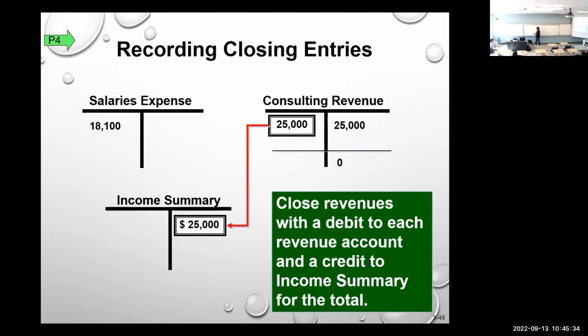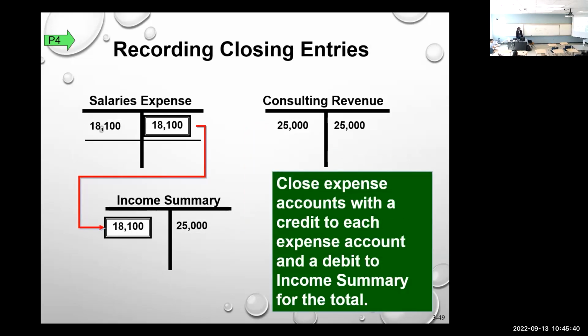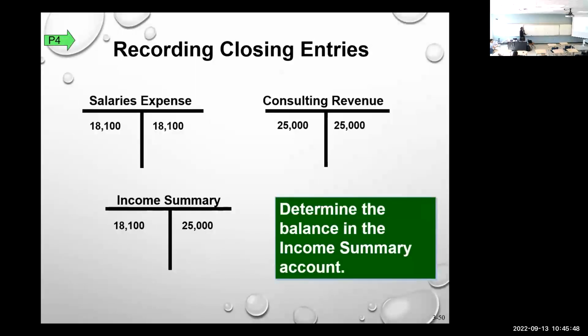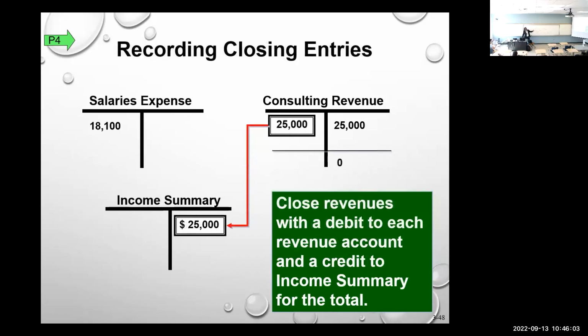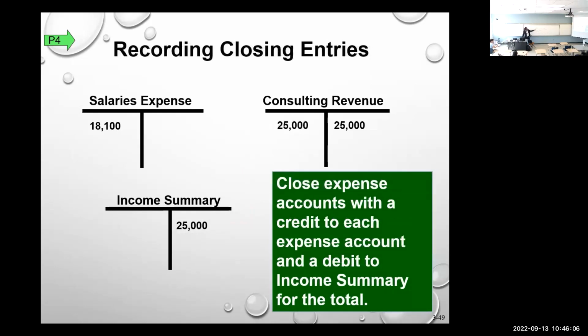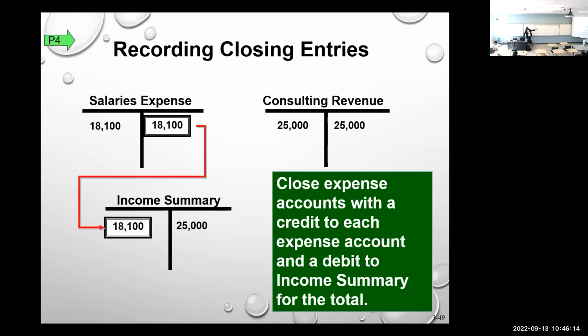Then we're going to credit the expenses off of the expense accounts and debit those onto the income summary. When we do that, salaries become zero, revenue becomes zero. That's why I said the income statement post-closing is going to equal zero, because we're going to zero out all the revenue and all the expenses.